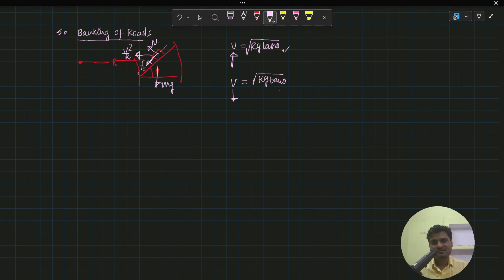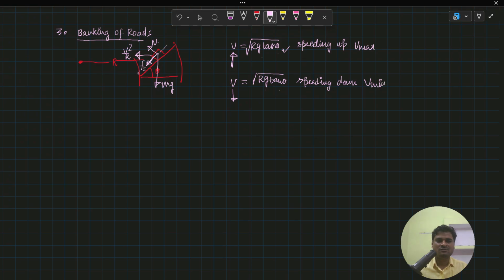So what is the v maximum that is allowed on this track before this vehicle skids? Or, if we start speeding down, if we start to reduce the velocity, what is the v minimum, the minimum velocity allowed on this track?